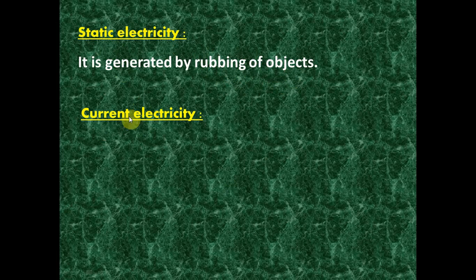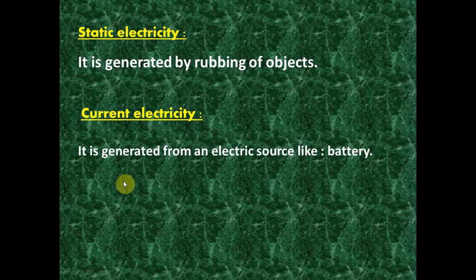But current electricity or dynamic electricity is generated from an electric source, like the battery. We need a battery or any electric source to generate the current electricity that is used in making other devices work.